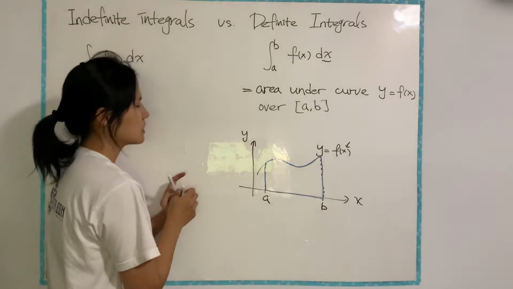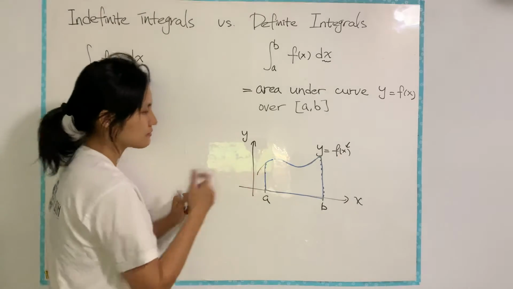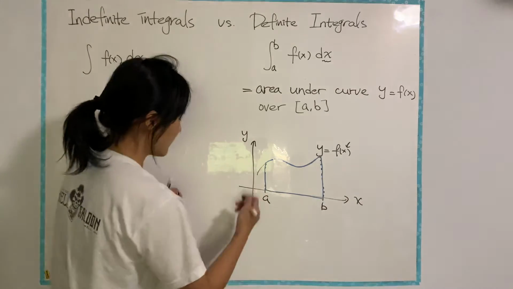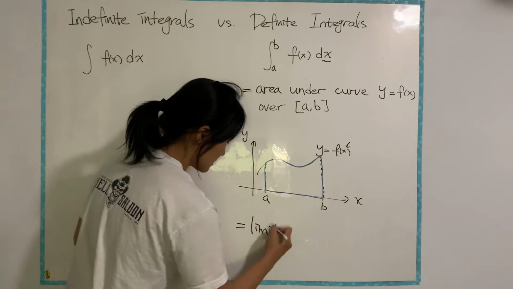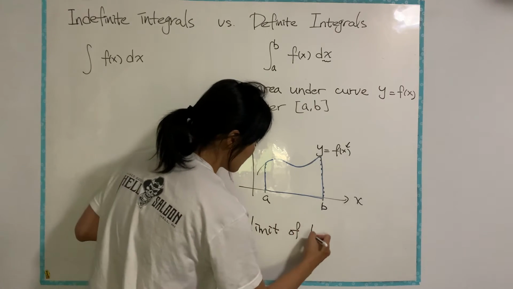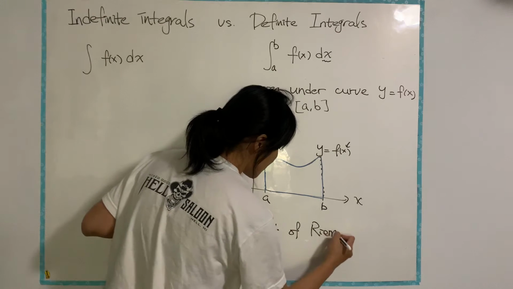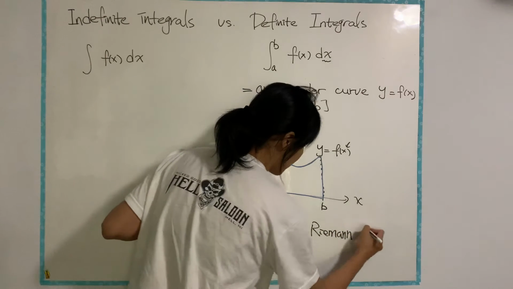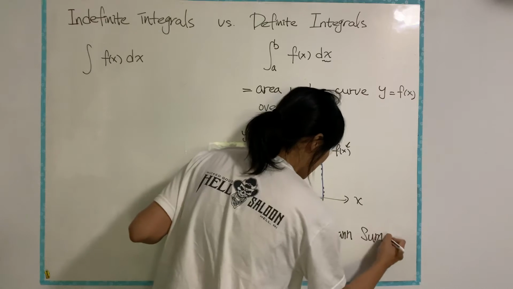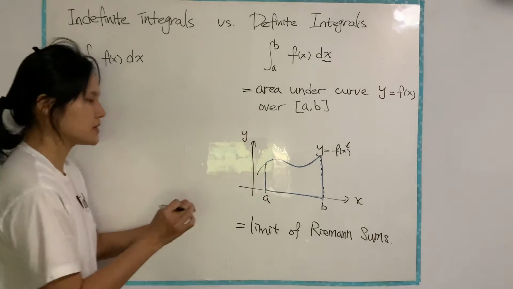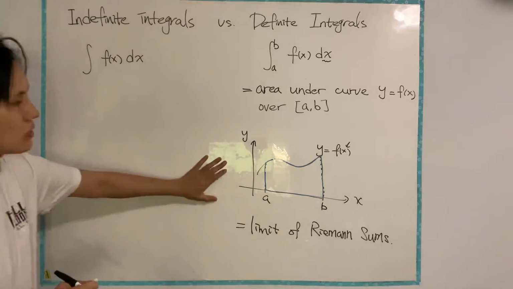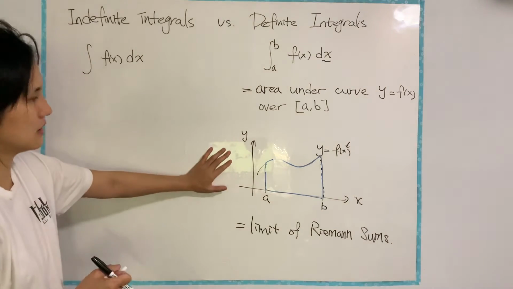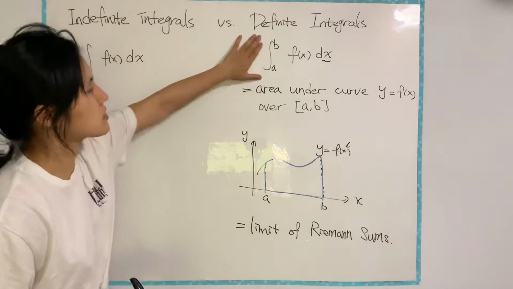All right. So now, how do we find this? We find this through taking the limit of Riemann sums. I'll tell you about Riemann sums in another video, but right now let's just focus on this notation.